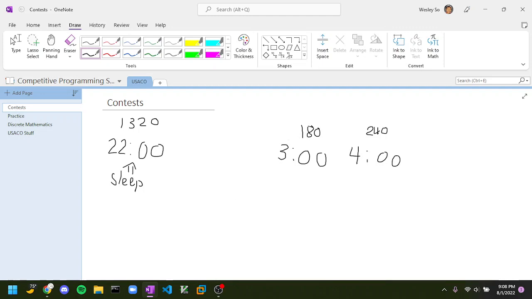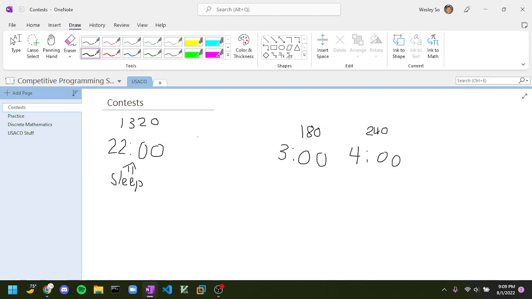But now you notice that usually we take the alarm number and subtract the sleep number from it. But in this case, that would give you a negative number, and you can't sleep for a negative amount of time. So what do you do? You add 24 hours, or 1,440 minutes, to that difference between 180 and 1,320. And that will give you the amount of time you sleep.